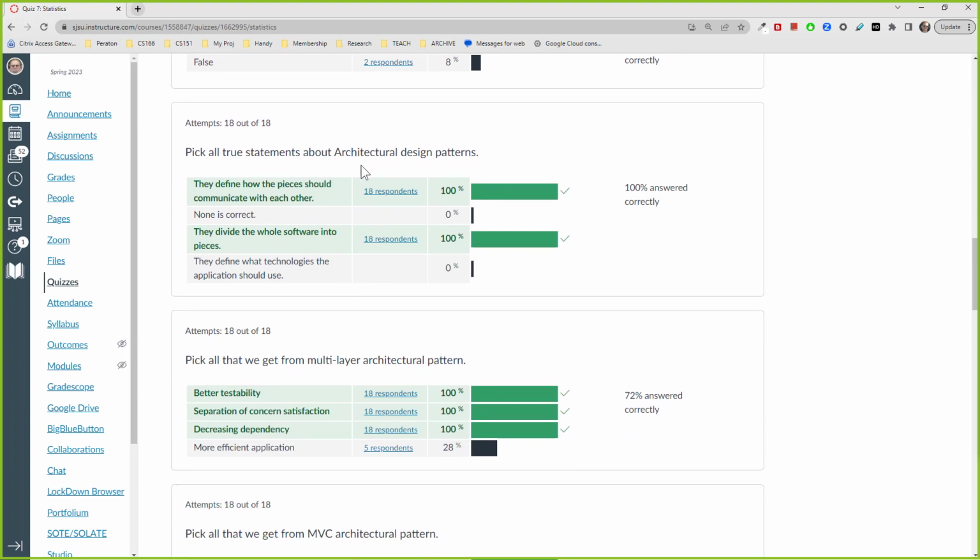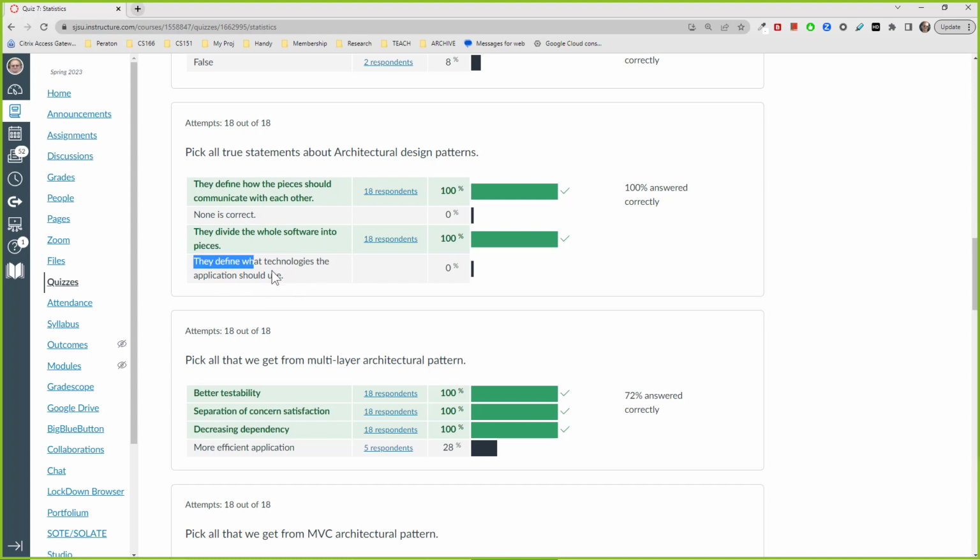Pick all true statements about architectural design patterns. They define how the pieces should communicate with each other. They divide the whole software into pieces. They define what technology to use.